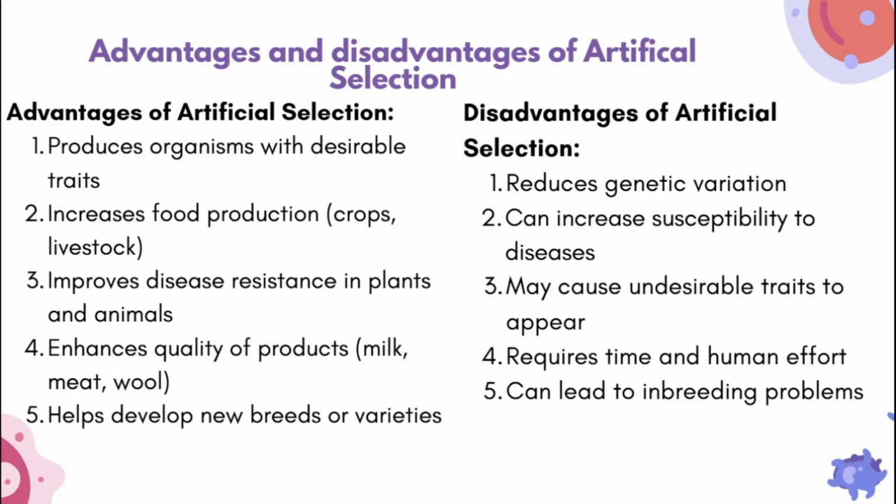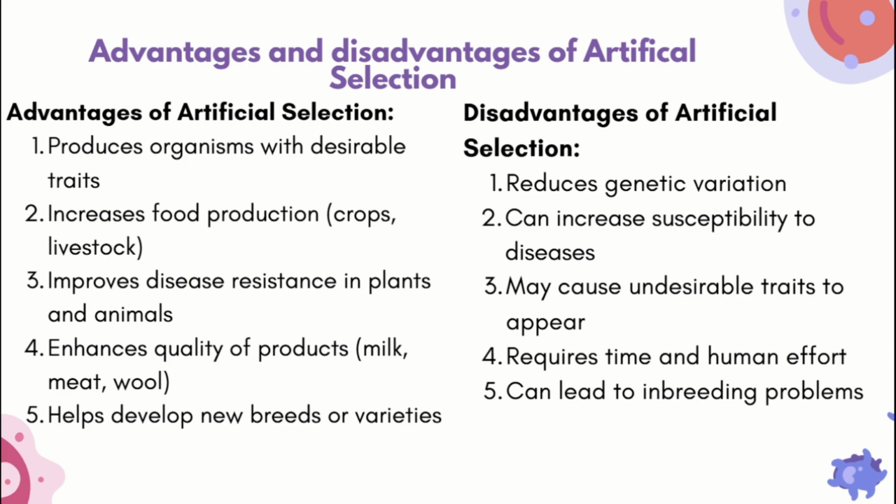And then it says it improves disease resistance in plants and animals. So yes. Basically artificial selection is not only about producing food for the market or getting more milk or getting more eggs. It's also about keeping plants and animals healthy, because let's just say that there is a particular illness that affects these types of animals, and we're trying to build up resistance in them.